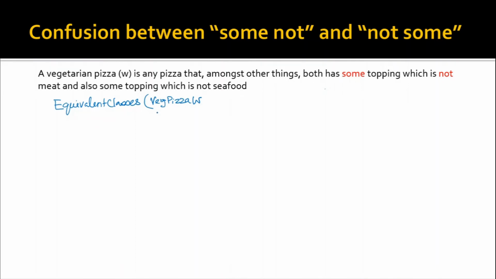Now this is object intersection of pizza, right? And some topping which is not meat, right? So object some values from. So we are modeling this part.